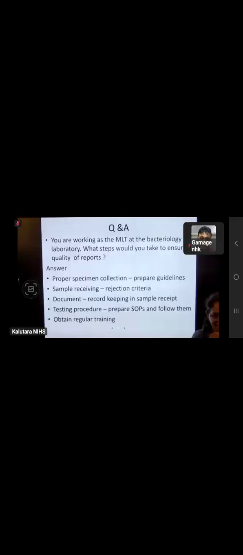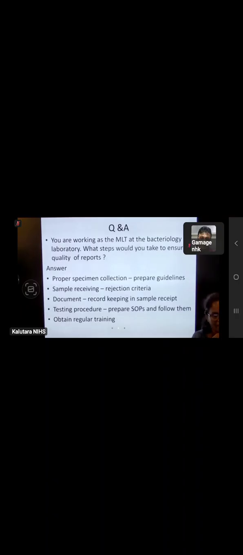Proper sample collection is important. For that, you can prepare guidelines for specimen collection and transportation.